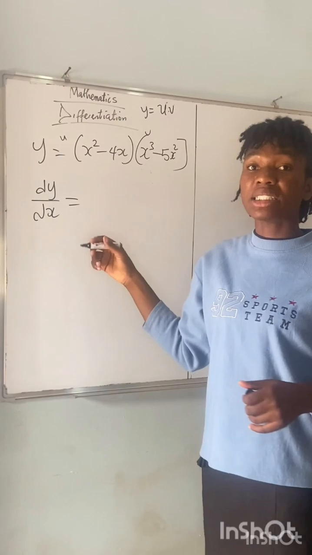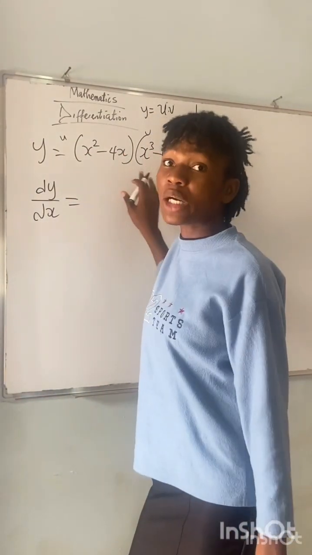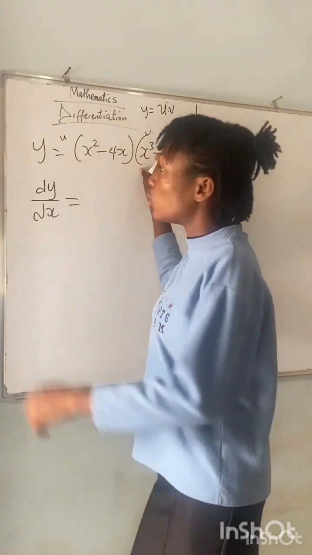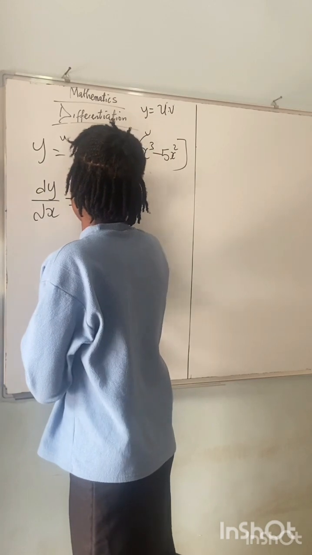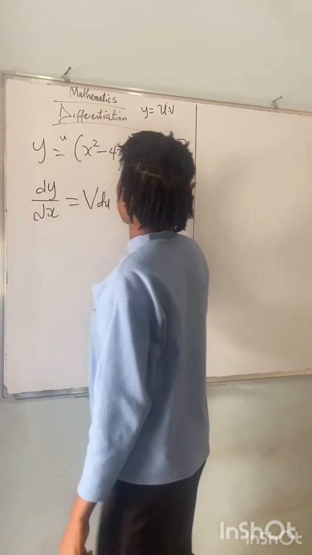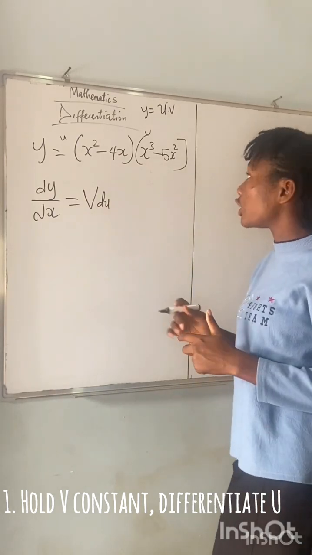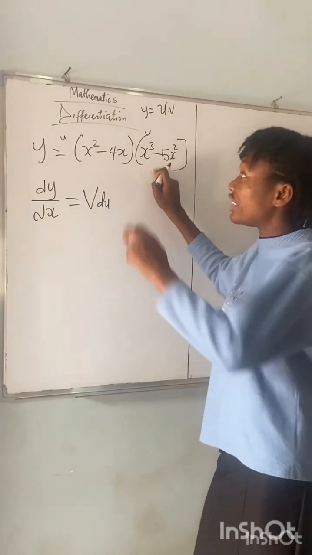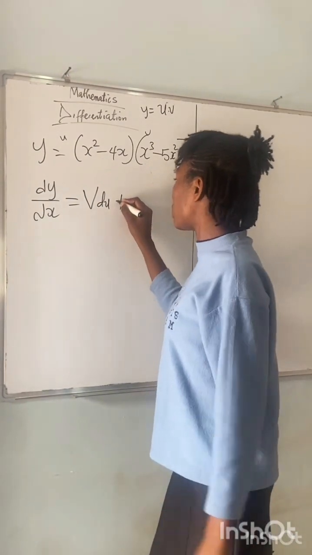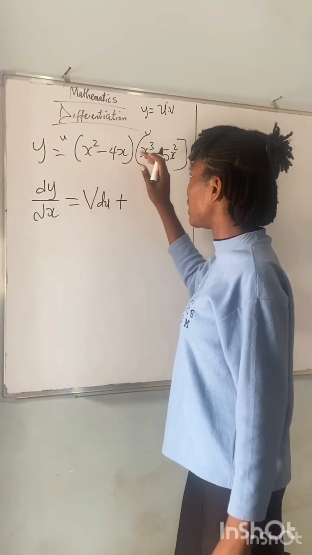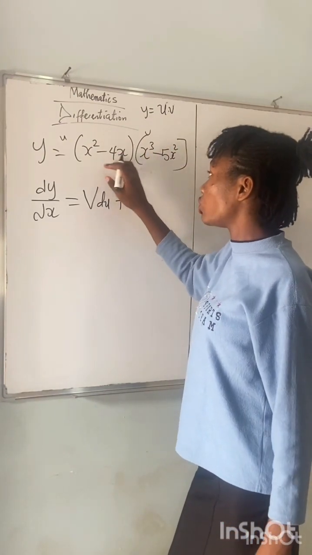Our format is simple. Since this is our u and this is our v, we hold our v constant and differentiate our u, so we'll be having something like v du. Then we add to it: we differentiate our v while holding our u constant.